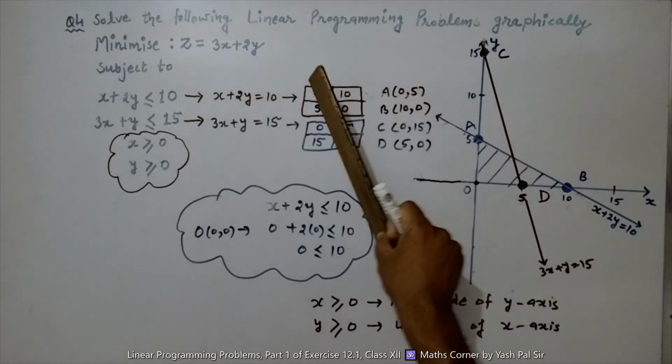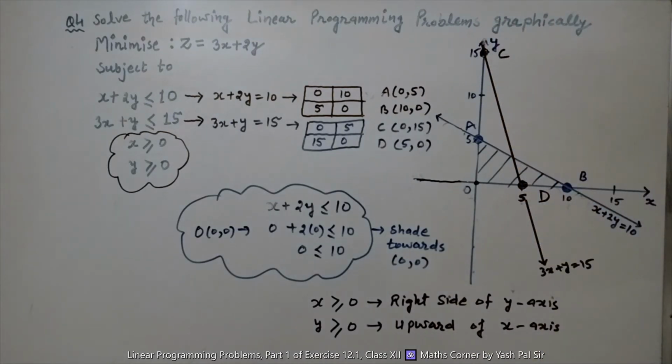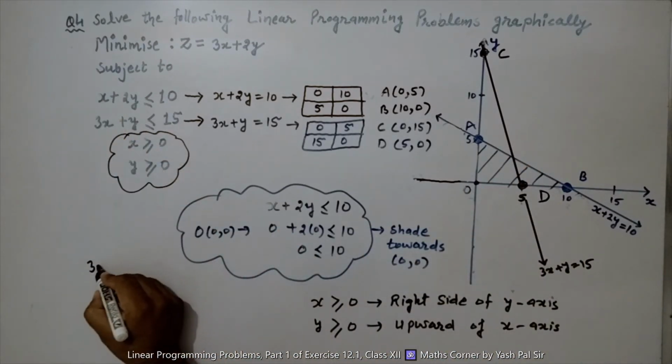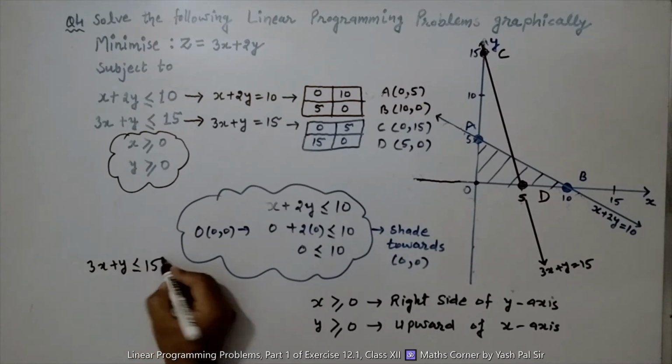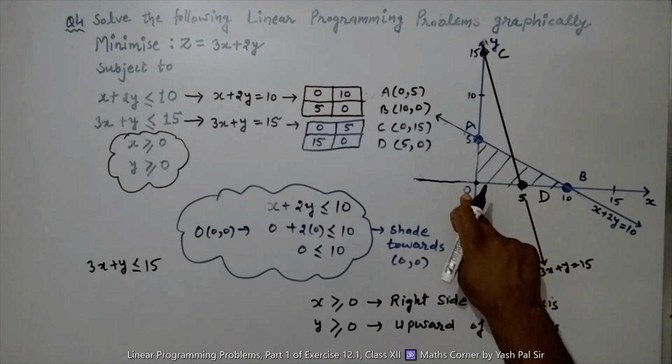Now the thing is, which side should we shade? There are two sides. One side is towards this, the second side is towards this. Which side should we shade here? Again we consider the inequality 3x plus y less than or equal to 15. We take any one point.